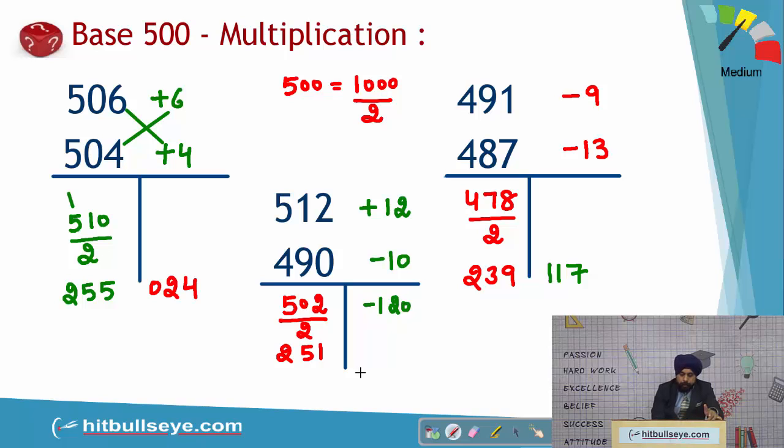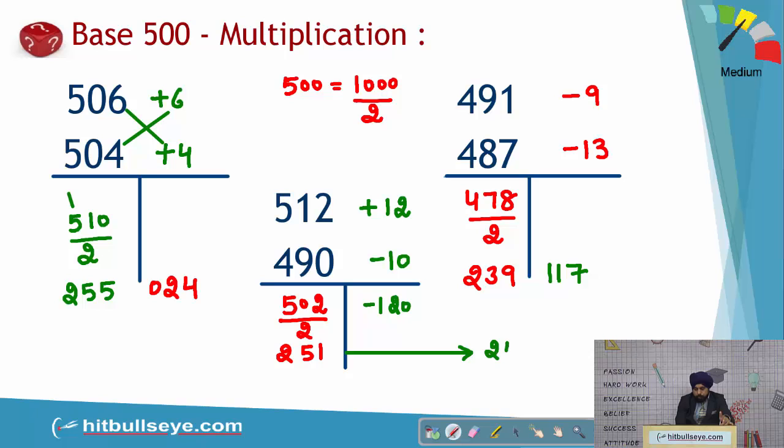So what we do over here, we know left hand side incomplete gives us 251,000. From this we subtract 120 and our answer is 250880. Here it is a negative one, right?